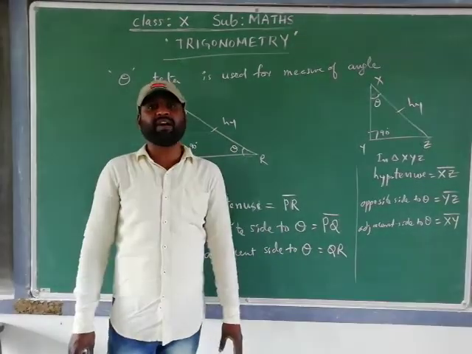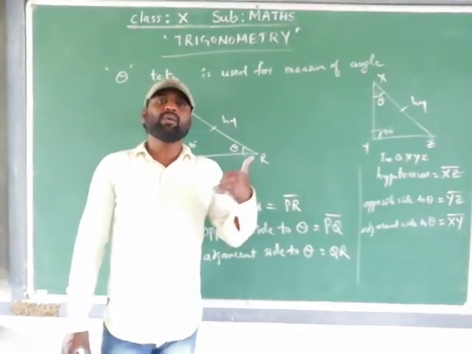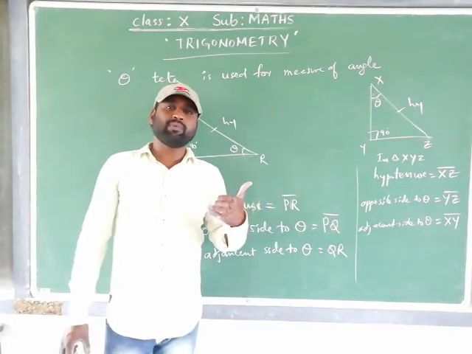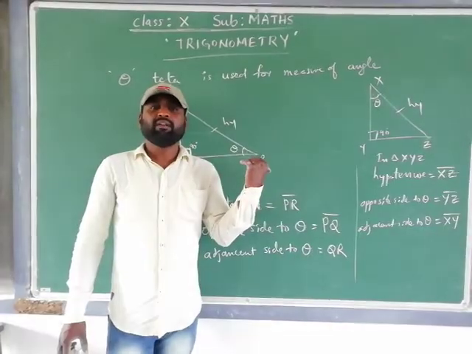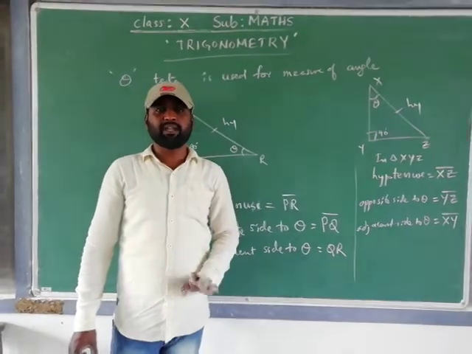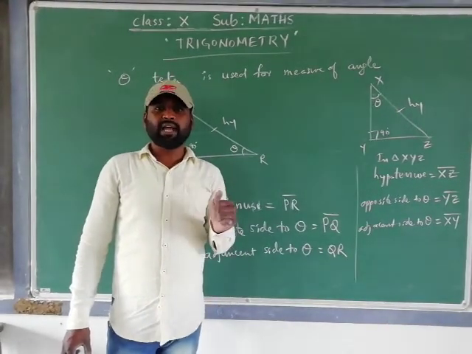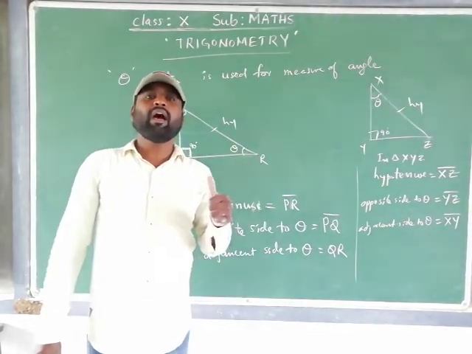We can identify them by taking the measure of the angle where it is. According to where the angle is located, we give the names opposite side and adjacent side. The hypotenuse will be fixed. Why? Because wherever the 90 degrees is, the side opposite the 90 degrees is the hypotenuse. Remember how to name the sides: opposite side, adjacent side and hypotenuse.